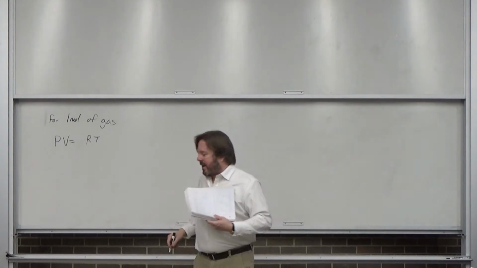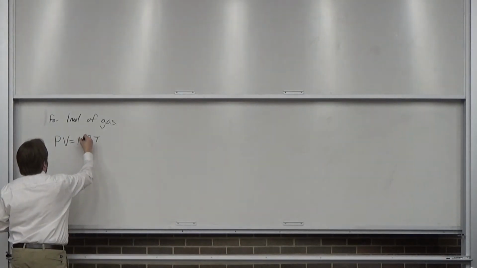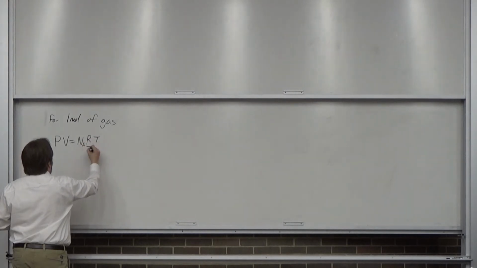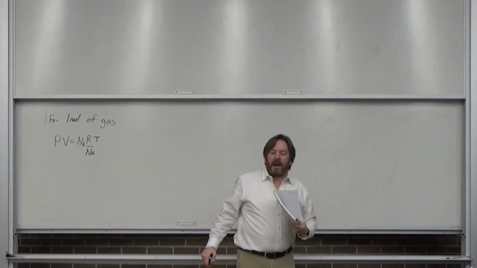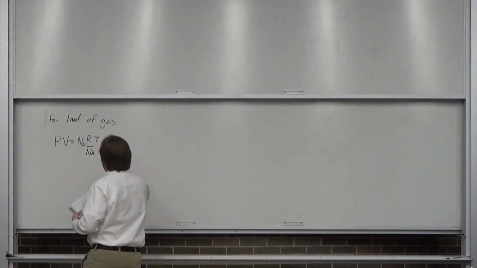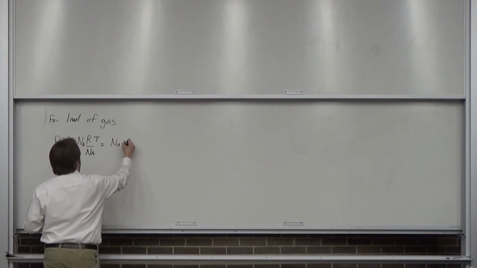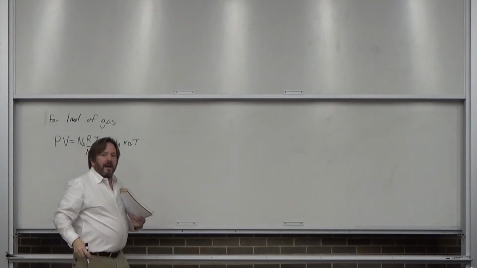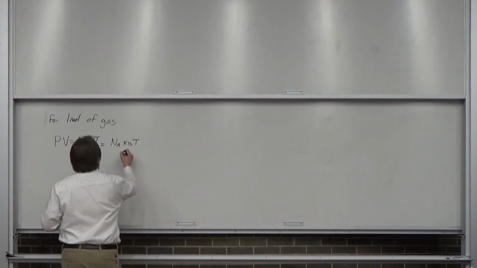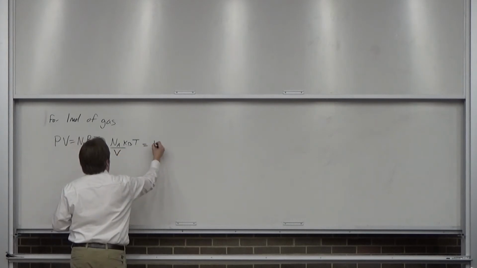All right, next trick. Here's really the only trick. Multiply by Avogadro's number and then divide by Avogadro's number. Notice that I divided R by Avogadro's number. R divided by Avogadro's number is, of course, kB. So N_A kB T is equal to PV. Actually, we'll divide that by V, and so that's equal to pressure.